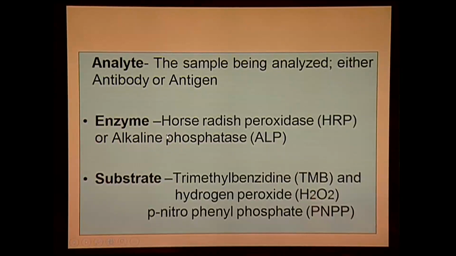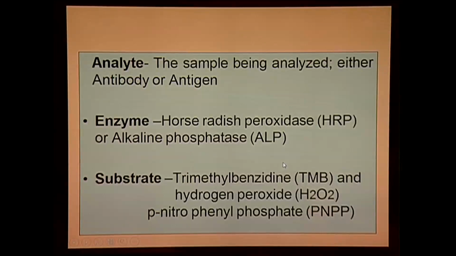Normally, horseradish peroxidase is the enzyme of choice, and its specific substrates are trimethylbenzidine and hydrogen peroxide. When these 2 substrates are added to a reaction mixture having horseradish peroxidase tagged antibody, the HRP enzyme will convert H2O2 into H2O, that is water, and nascent oxygen.